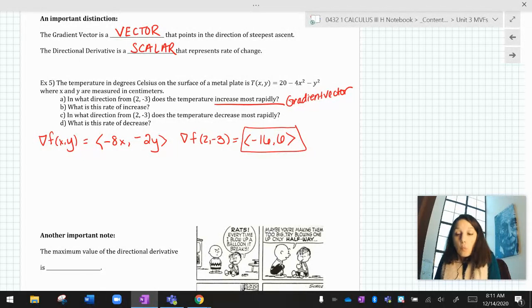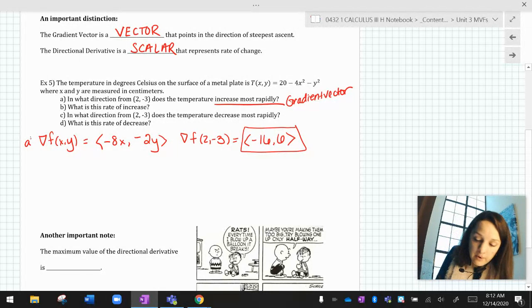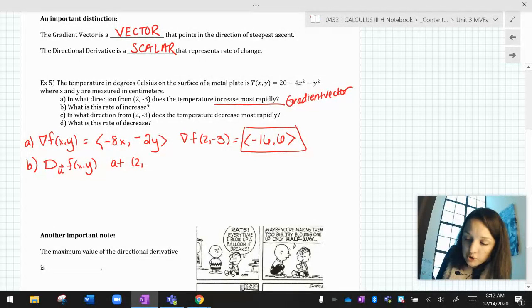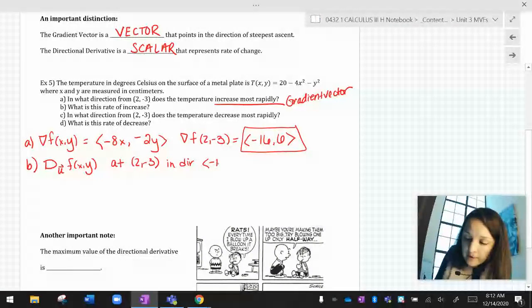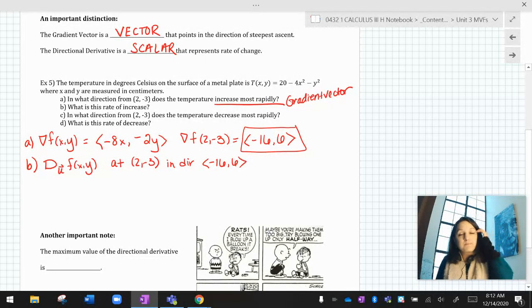Fine. What is the rate of increase? Well, the direction of steepest ascent is the gradient vector. The rate of ascent is your directional derivative. So in part B, we're basically asking, what would I have as a directional derivative at the point (2, -3) in the direction of <-16, 6>?